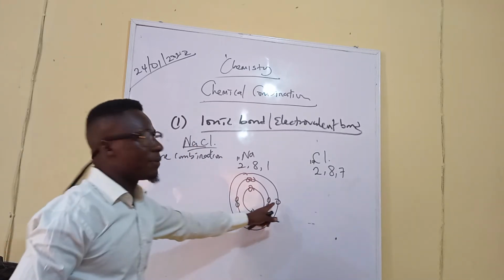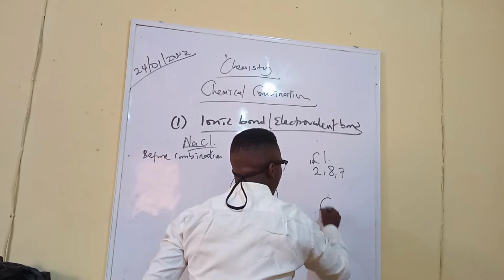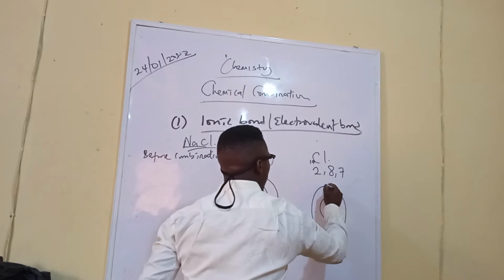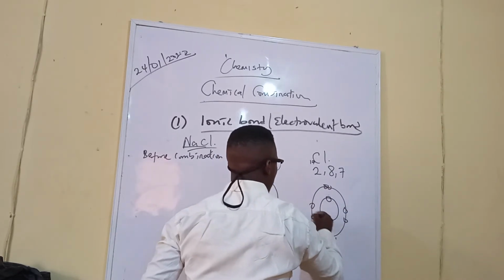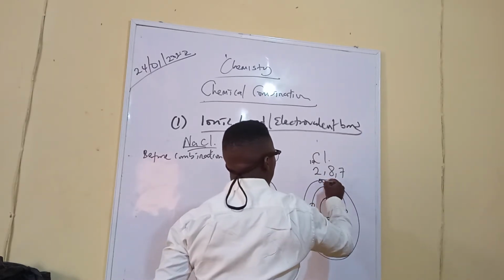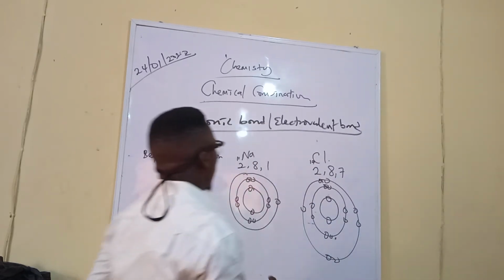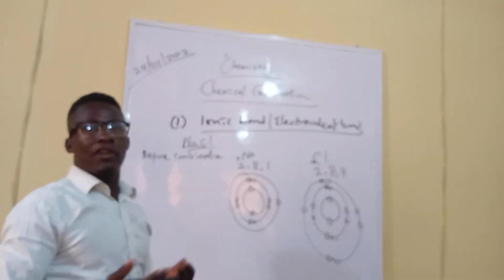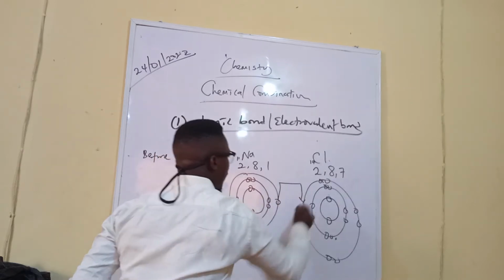Now we are putting it here because we want to transfer the electron to this place. Now we have that of chlorine: 2, 8, and then we have 7. Now this is the electronic configuration. So as I've said, for electrovalent bonding, sodium transfers the electron here.